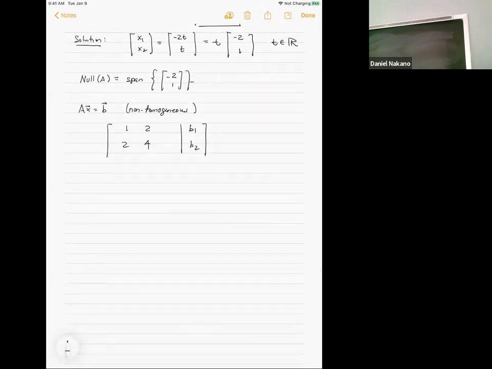We just do this the same way. Multiply the first row by -2, add it to the second row, and put it in the second row. So 1, 2, B1, 0, 0, and what's here? It's -2B1 plus B2. So when does this have a solution?